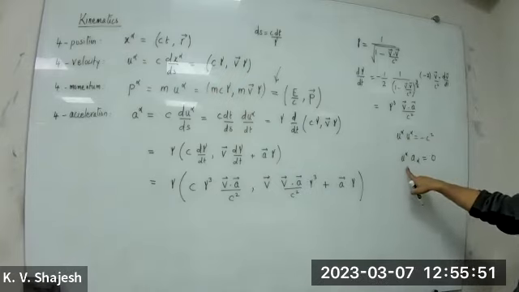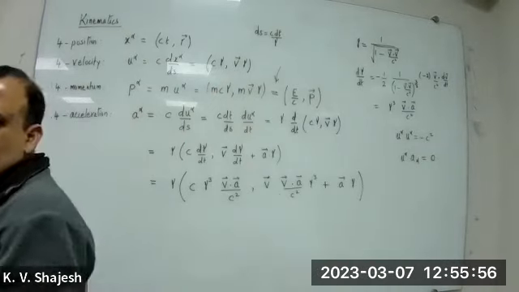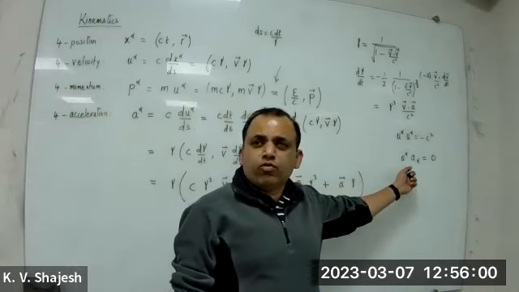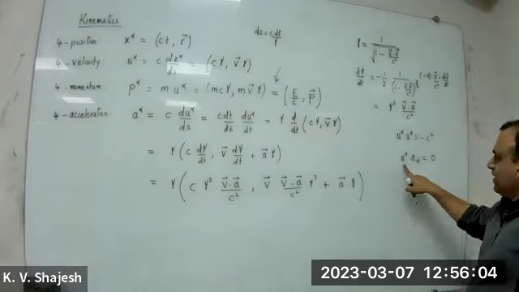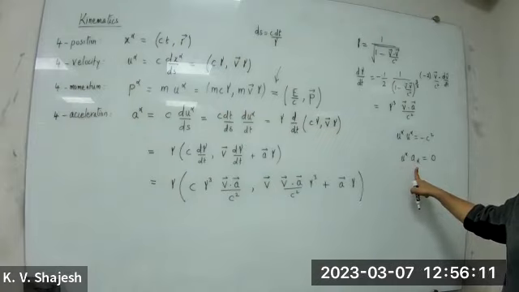If you have a quantity like this, where one 4 vector dotted with another 4 vector is equal to 0, it's called orthogonality as far as 4 vectors are concerned. But that also means that if this is a time-like vector, this will be a space-like vector. That was one of your homework problems.